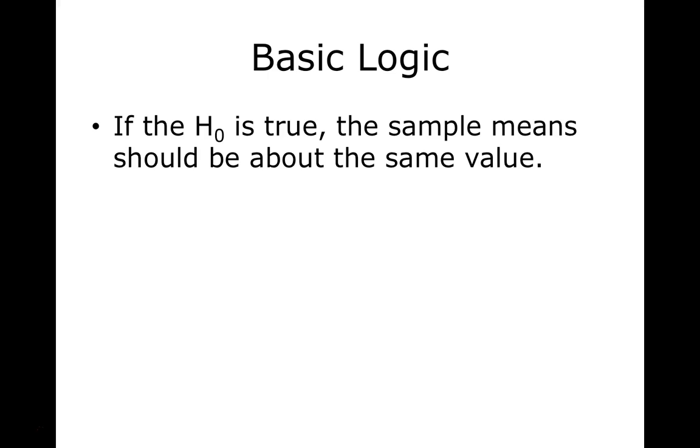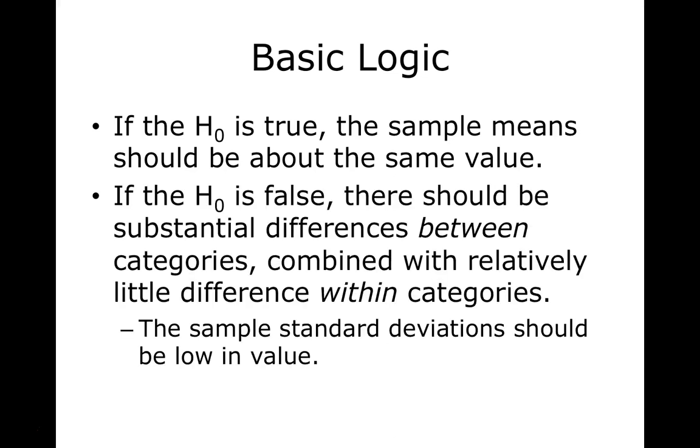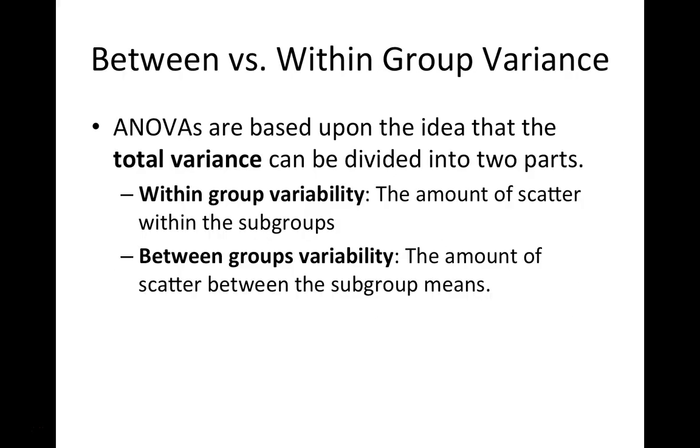And so if the null hypothesis is true, the sample means should be roughly the same value. If the null hypothesis is false, there should be substantial differences between the categories, combined with relatively little difference within the categories. And so I'll say a little bit more about this between versus within distinction, because this is really a key piece of the ANOVA.